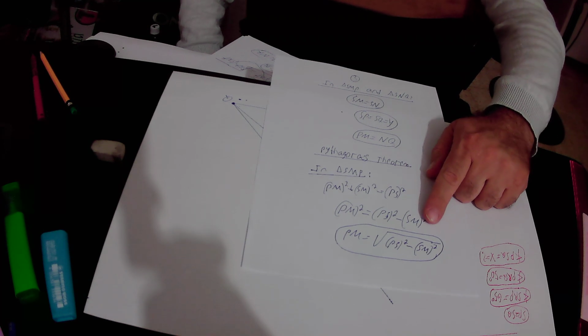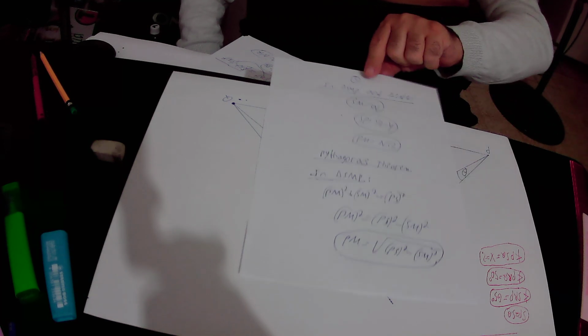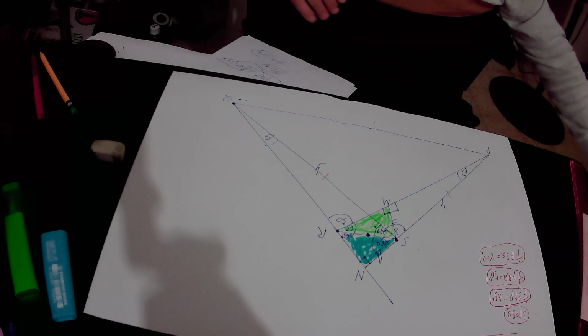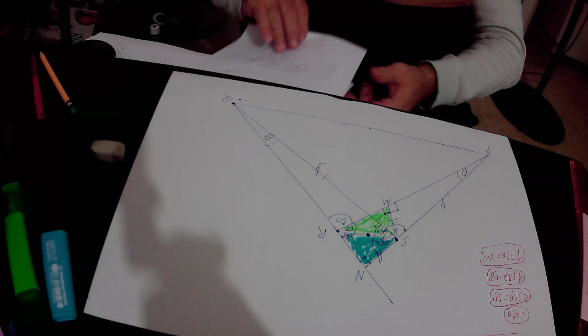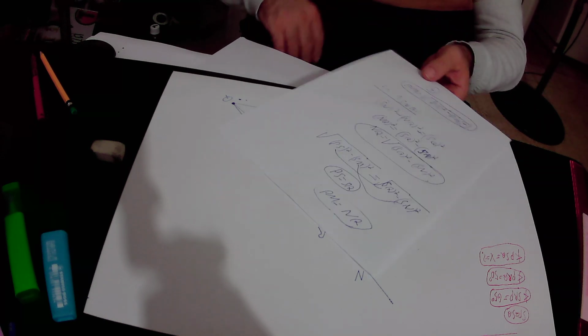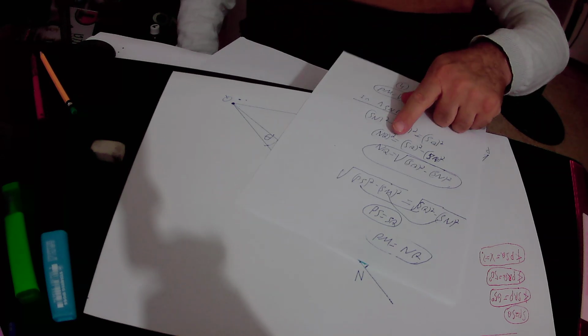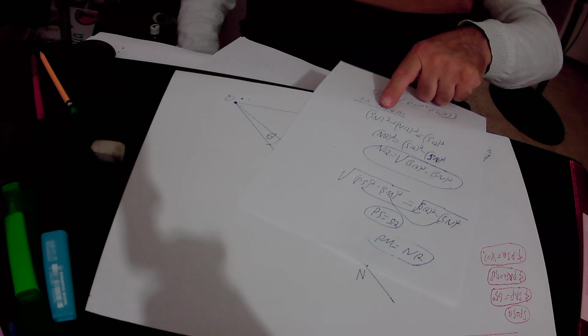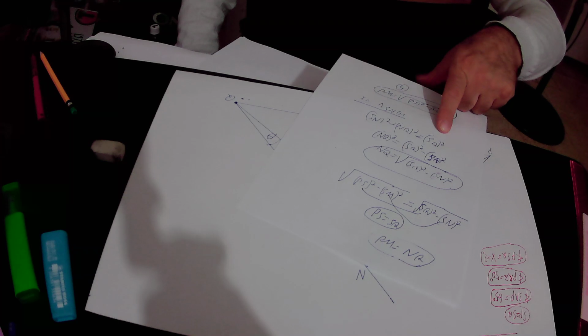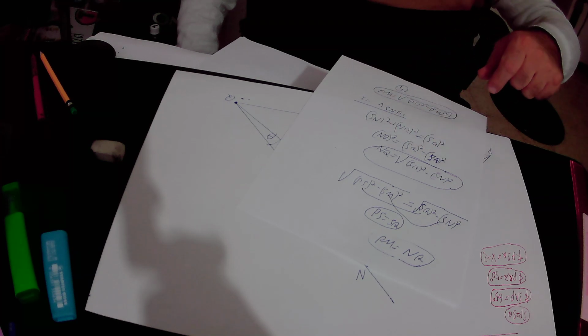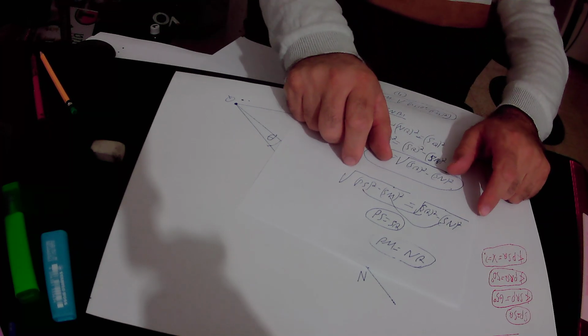So PM equals this expression, and in the right triangle SNQ, according to the Pythagoras theorem, NS square plus NQ square equals SQ square. So NQ equals this expression, and those two expressions are equal to each other.